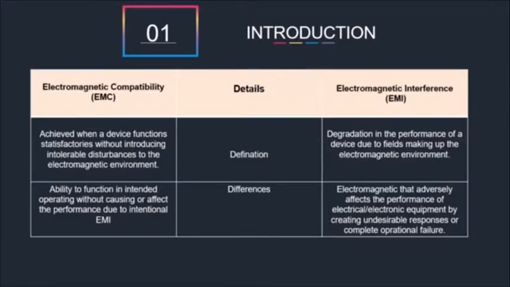The definition of EMC is achieved when a device functions satisfactorily without introducing intolerable disturbance to the electromagnetic environment, and has the ability to function as intended without causing or being affected by EMI, while electromagnetic interference, which is EMI, is degradation in the performance of a device due to fields making up the electromagnetic environment.